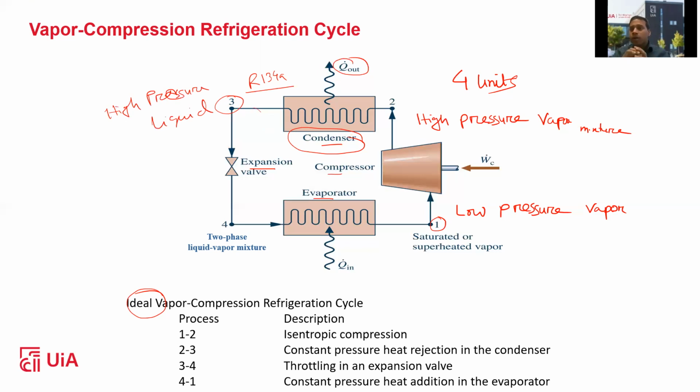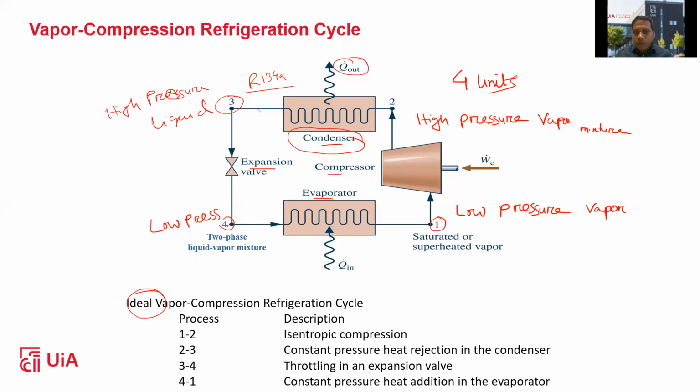It expands. So when you expand refrigerant, or any kind of liquid, it changes the phase from the high pressure to the low pressure. That means after the expansion valve, you may reach a low pressure two-phase liquid vapor mixture.